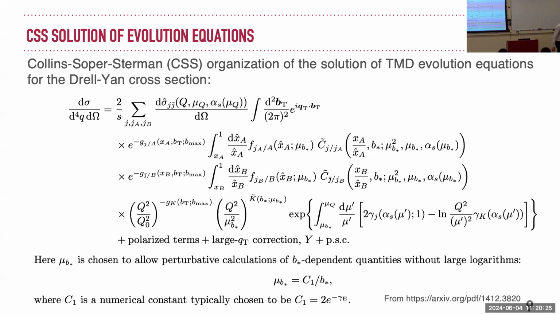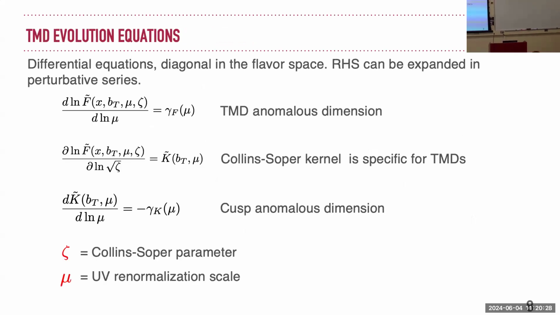Let's go back to our evolution equations. What I'll do first is take the derivative of this evolution equation with respect to d log mu. I'll write the following: d over d log mu of my first equation, which is d log of f tilde over d log square root of zeta, is equal to d over d log mu of the right-hand side of the first one.